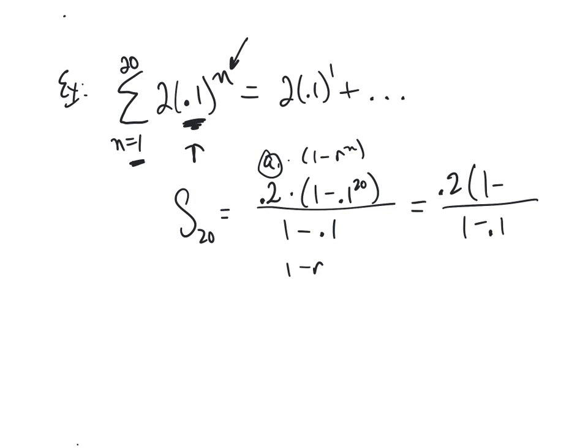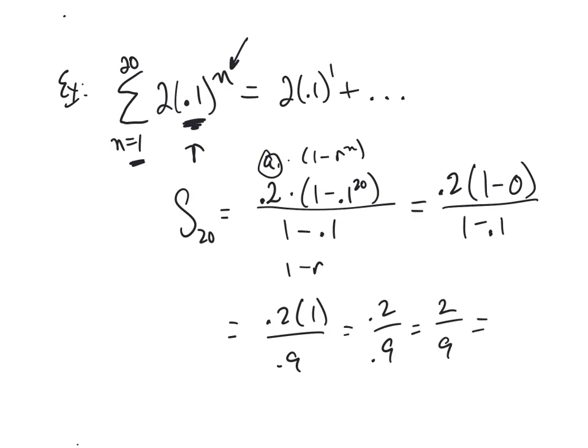But if you consider your sig figs, that's essentially the same as 0. So what we'll have then is 0.2 times 1 divided by 0.9. So it'd have 0.2 divided by 0.9, which is 2/9, or if you prefer the decimal, 0.2 repeating.